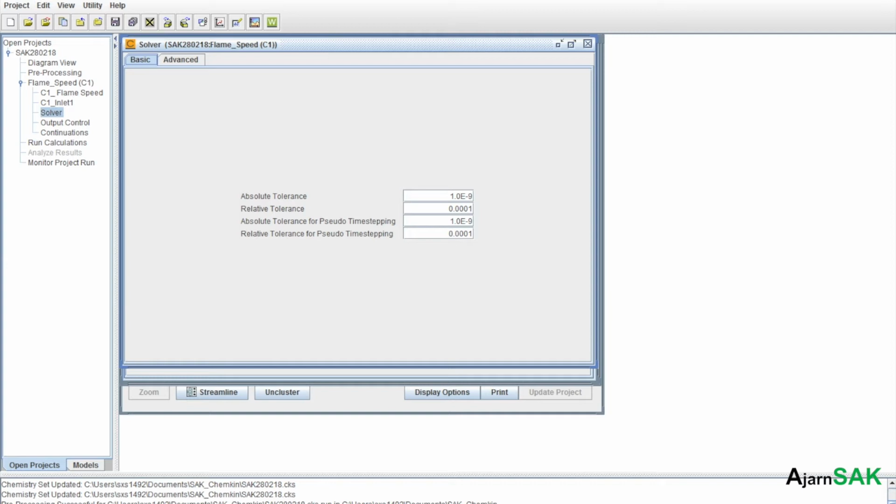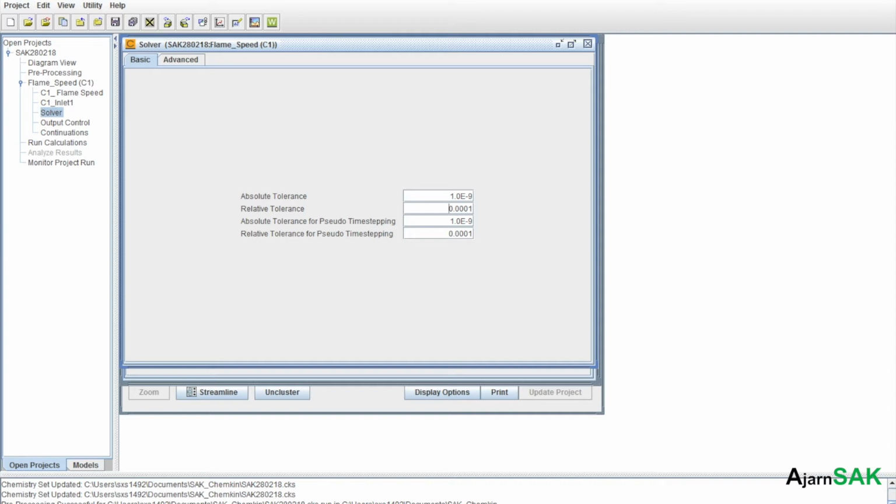It will continue the iteration until this relative tolerance is met. So until the difference between your solution here and this solution is this much, at least. If you are looking for a very, very precise solution, you can reduce this number, 0.0000001, a smaller number.